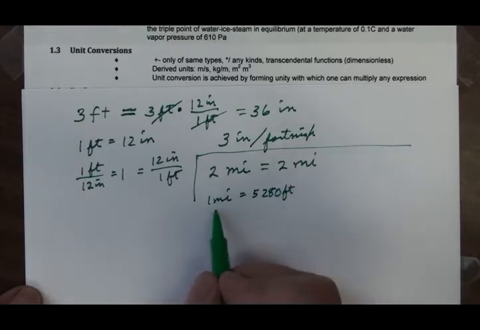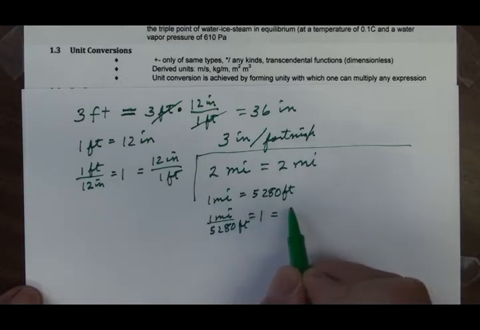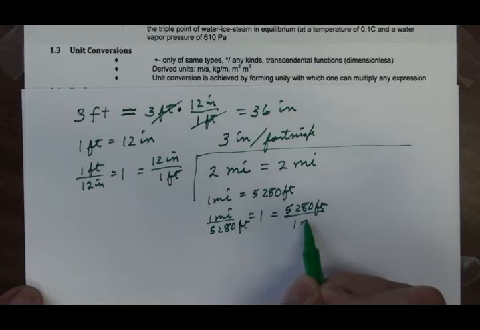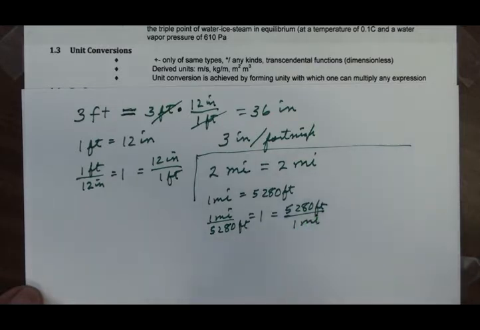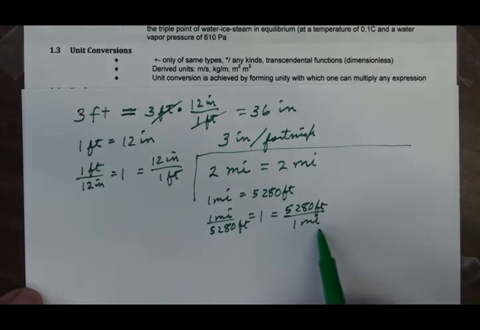Therefore, it follows that a mile divided by 5,280 feet is equal to 1, and that's also equal to 5,280 feet divided by 1 mile. Which would we want to multiply by? Well, we'd want to multiply by this one here because if we have a mile in the numerator, we want a mile in the denominator.